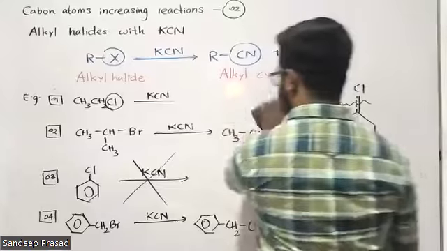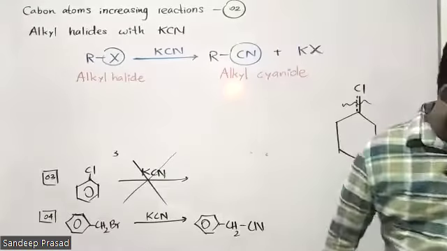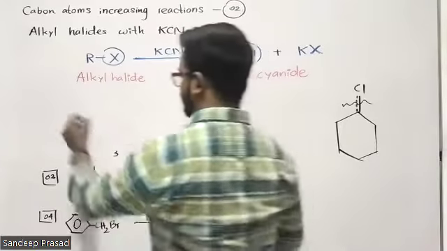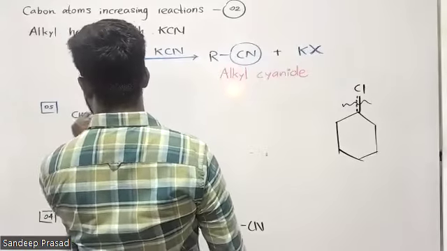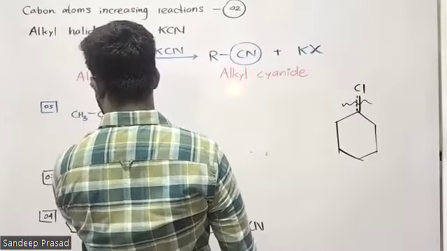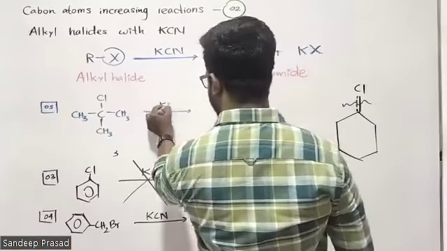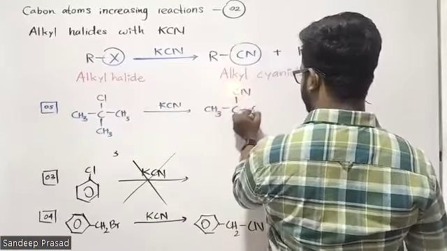Let me write another example. Number 5. One more example. What about tertiary alkyl halide like this? A tertiary alkyl halide, we are adding KCN and converted into cyanide.